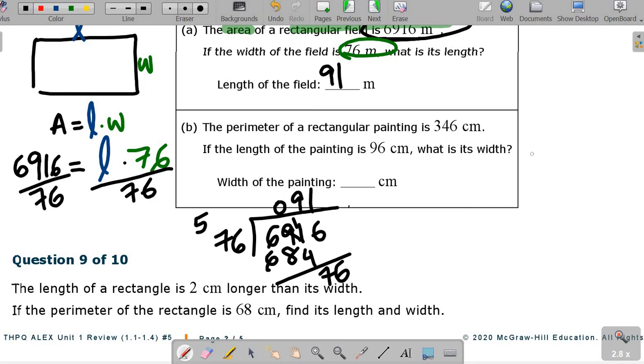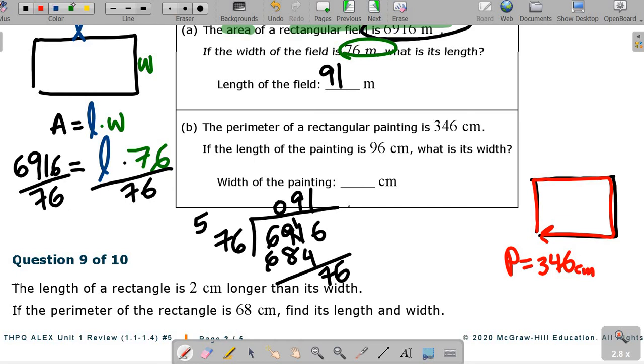Down here, the perimeter of a rectangle. Again, always draw a picture of the storyline. The perimeter, which means when you walk it around, the perimeter is 346 centimeters. The length is 96 centimeters, and we're trying to find the width.